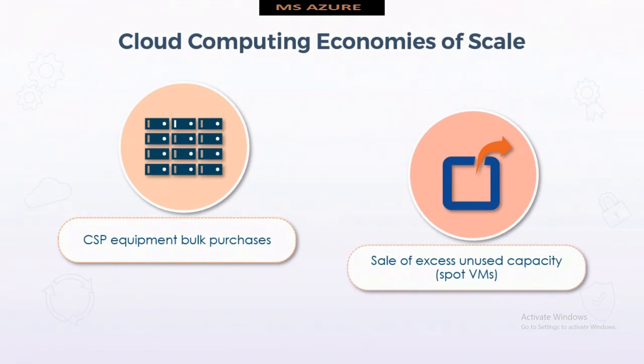This is called a spot VM. When you're deploying a virtual machine in Microsoft Azure, if you're not running a mission-critical workload, maybe you're running batch processing for a few hours and you need the compute horsepower to do it, you might consider deploying virtual machines as spot VMs to do it. Spot VMs allow you to use extra unused compute capacity in a data center at a discount compared to what we would normally pay for on-demand virtual machines.